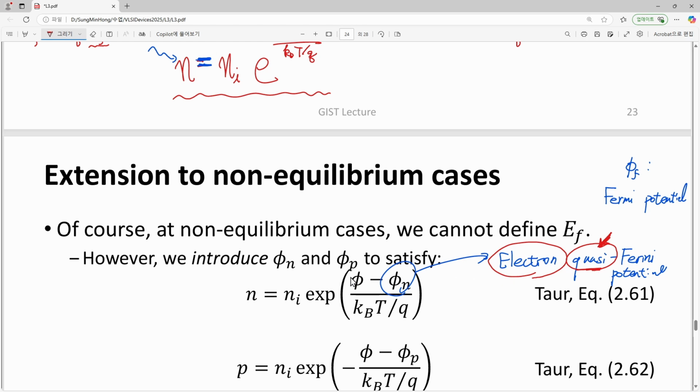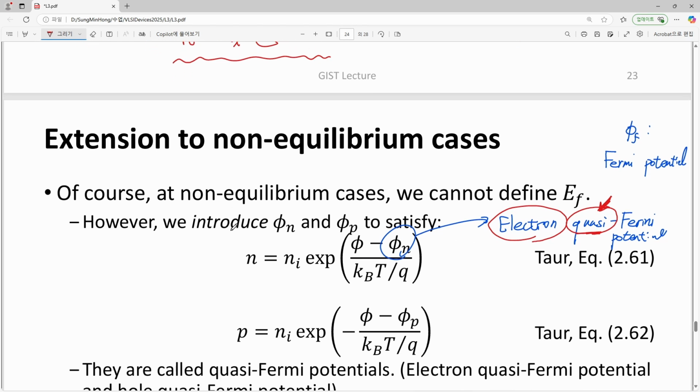And even when we try to fit our electron density and hole density by using these two expressions, there is no guarantee that we can find the same quasi-Fermi potential.